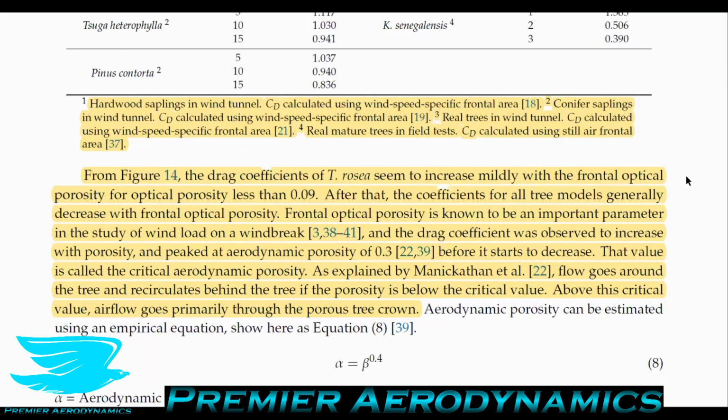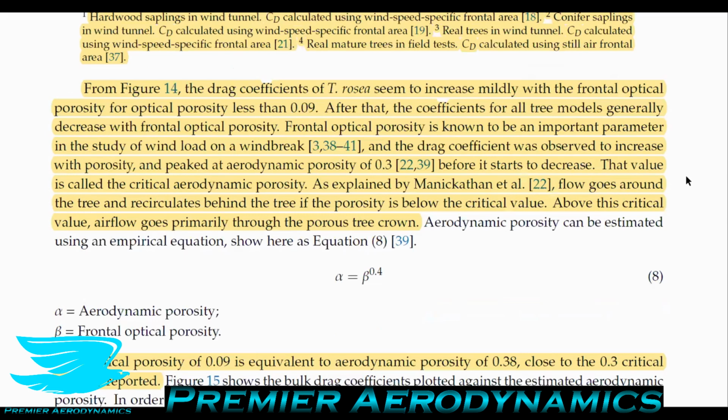They say the drag coefficients of one of the trees, T. rosea, seem to increase mildly with the frontal optical porosity for optical porosities less than 0.09. After that, the coefficients for all tree models generally decrease with frontal optical porosity. So what they're saying is up to an optical porosity of 0.09, this particular tree was seeing an increase in drag.